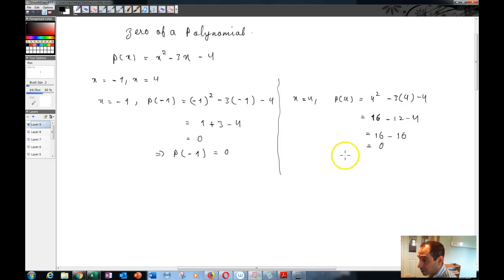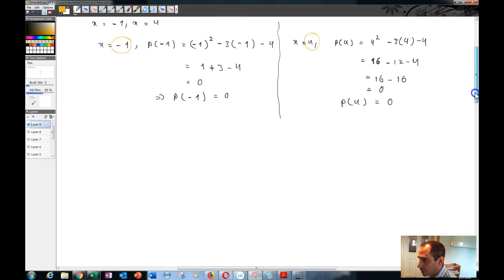So the output of this polynomial at x is equal to 4, or p of 4, is equal to 0.